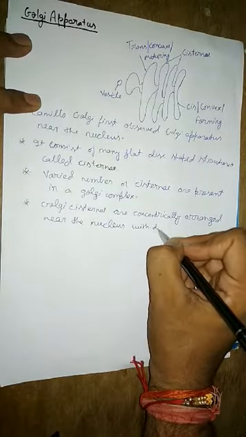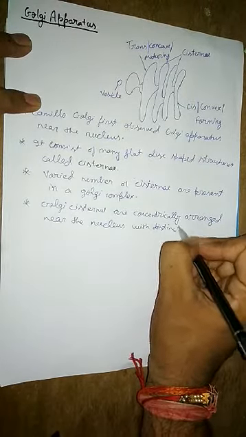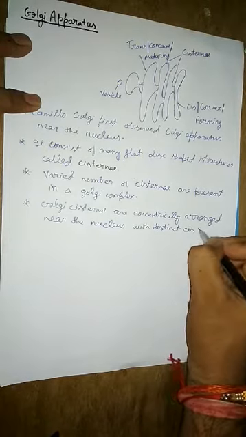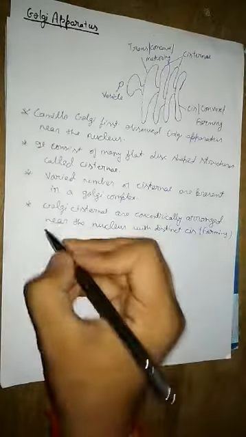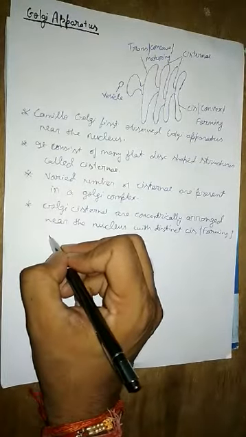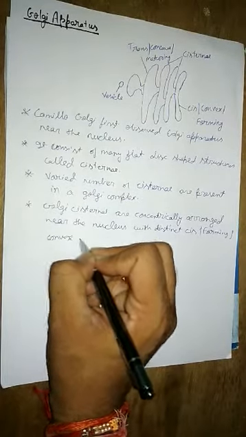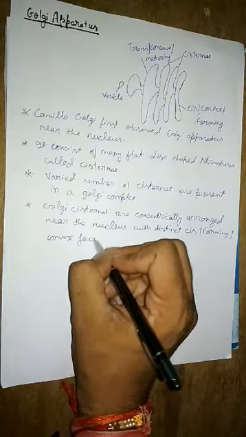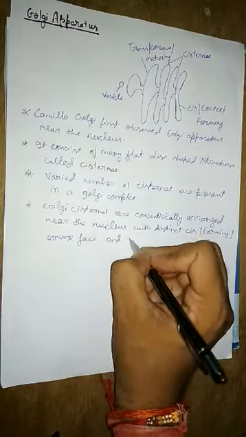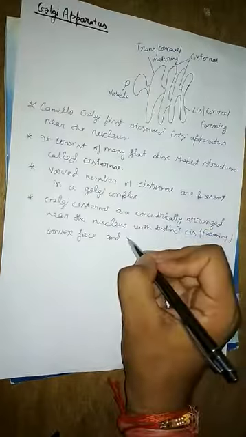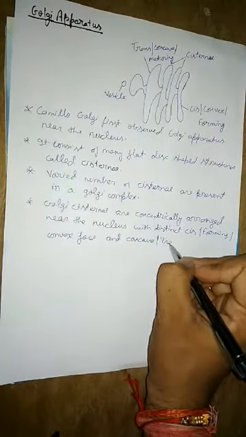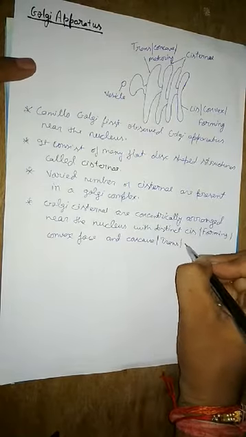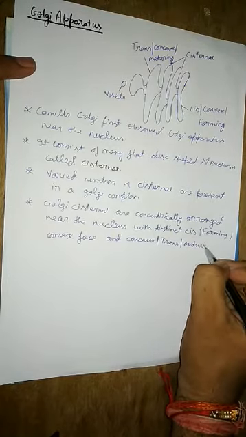cis or forming or convex face, and you can write concave, trans or maturing phase.